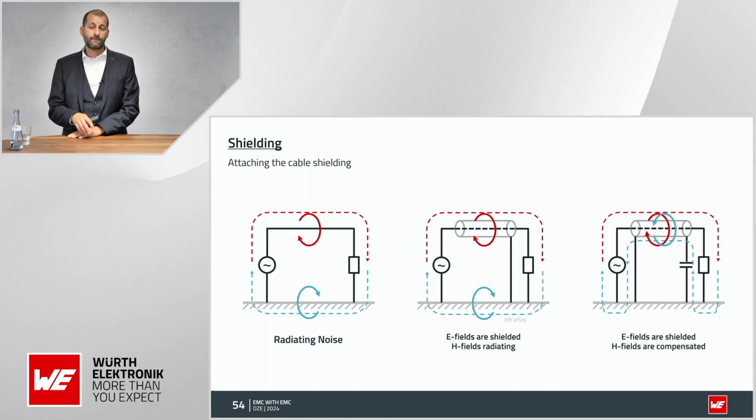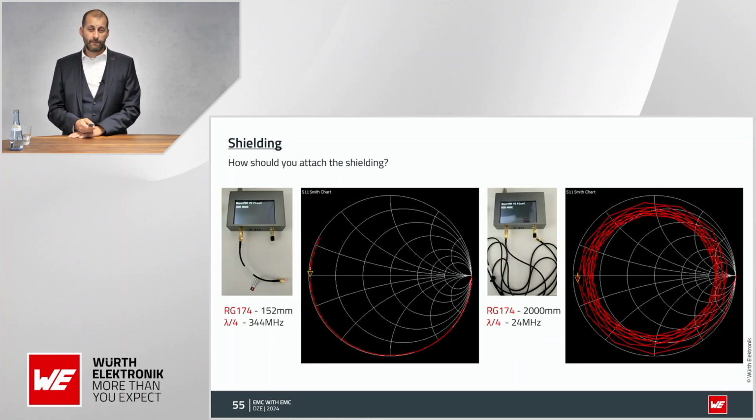For that customer, shielding on one side was way better than on both sides. But you have to be aware that sometimes the answer to your problem is also to understand what you did, and to explain what maybe happened, there is also this example.